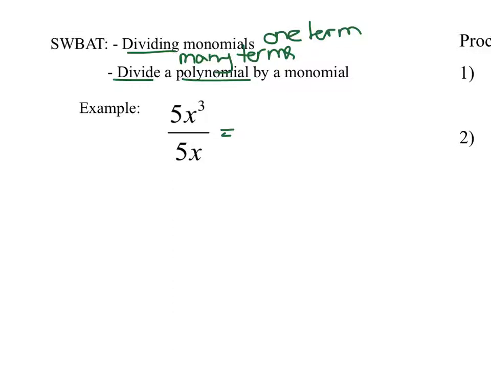Let's spread these out like we did with multiplication to see how this works. So remember, x cubed is x times x times x, and 5x is just 5x. So if we divide 5 by itself, we get 1, and hopefully you realize that anything divided by itself is 1.